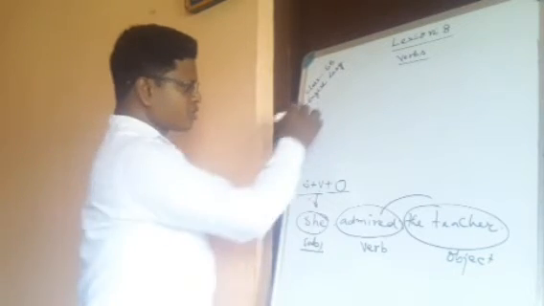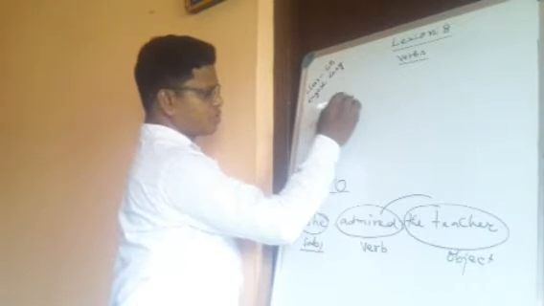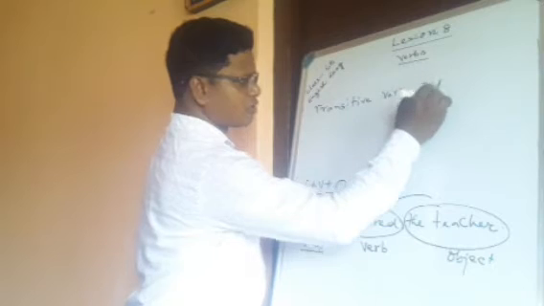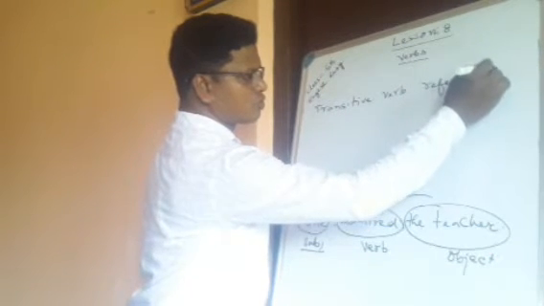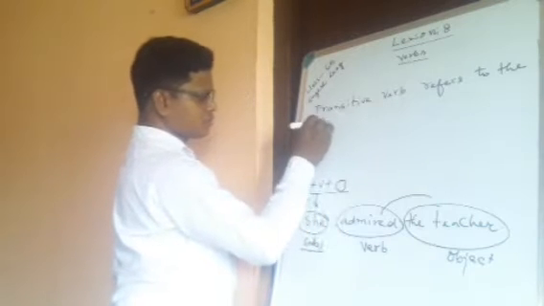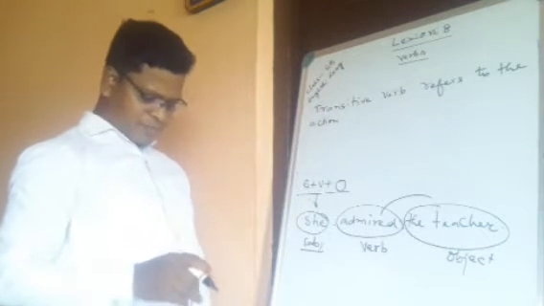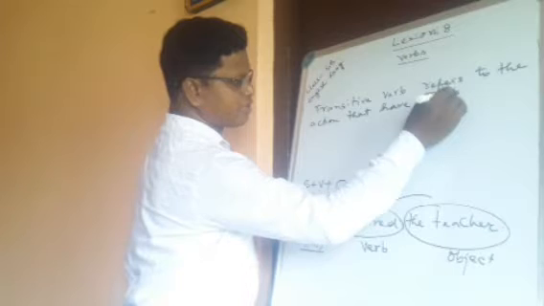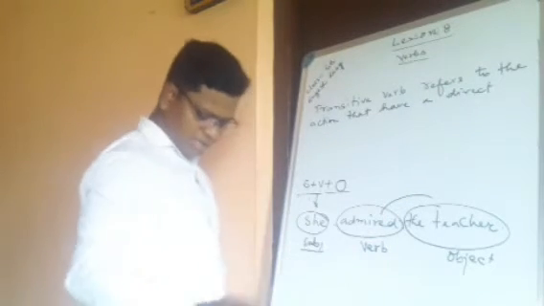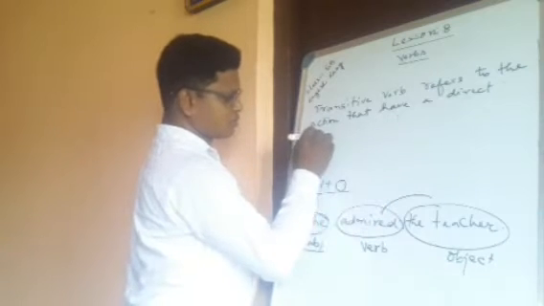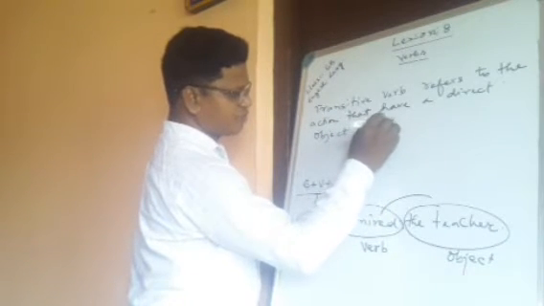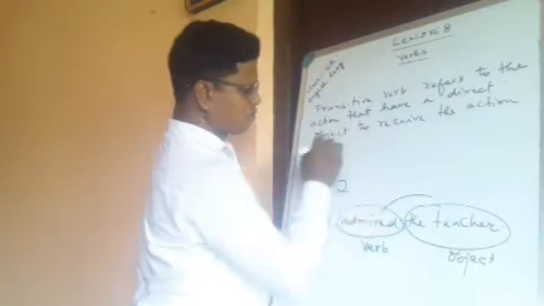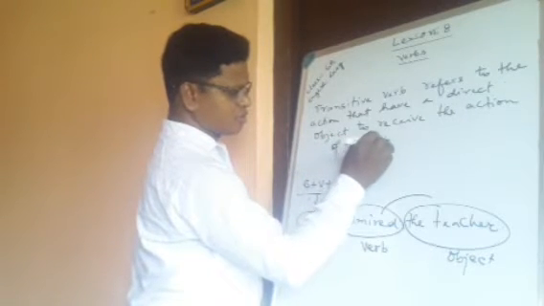Like, transitive verb refers to the action that has a direct object to receive the action of the subject.